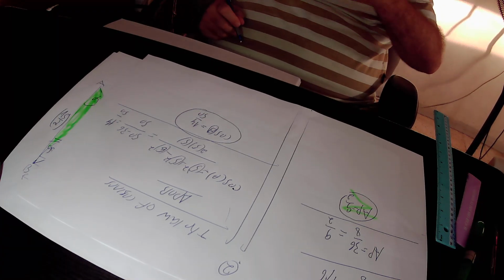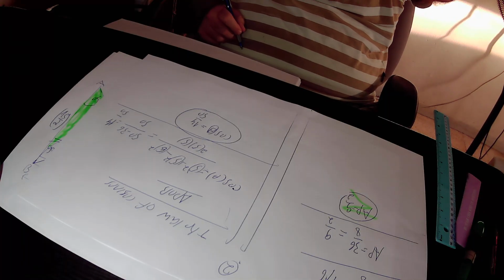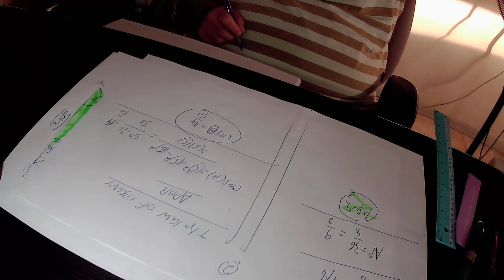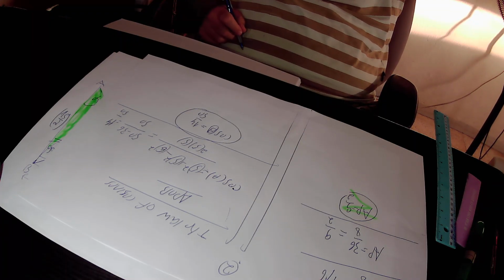We would like to find the value of theta itself. In order to do that, we'll use the rule that the inverse function cancels out the action of a function. Again, the inverse function cancels out the action of a function.